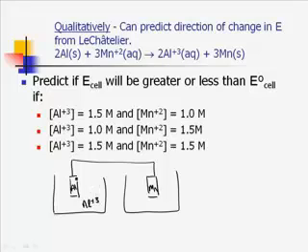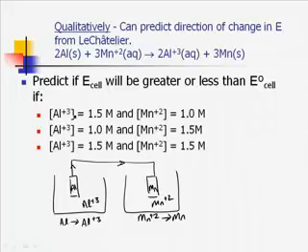So we have flow this way, Al going to Al plus 3, and here I have Mn plus 2 going to manganese on that side.